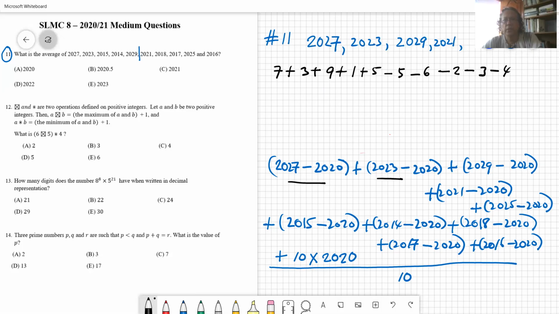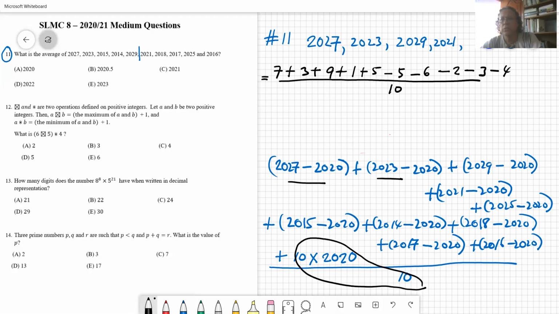So now if I simplify this, I get this divided by 10, and then this thing over 10 plus 2020. So you can see that we are already doing the calculations. We simply need to find the sum of these numbers, divide by 10 and add it to 2020.